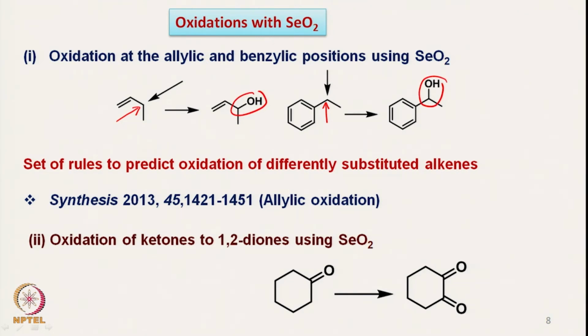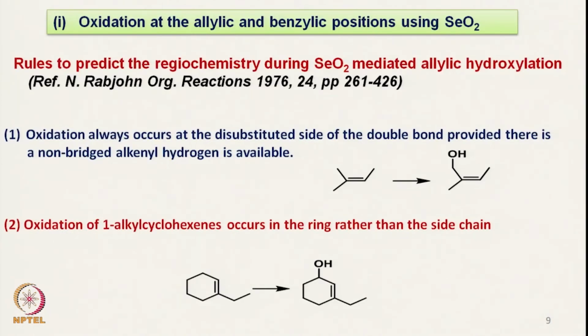Now, there is a very interesting review published in 2013 in the journal Synthesis on allylic oxidations using selenium dioxide. There is another way of introducing a carbonyl group alpha to ketones, which is also by using selenium dioxide. So, we will take up these transformations now one by one.